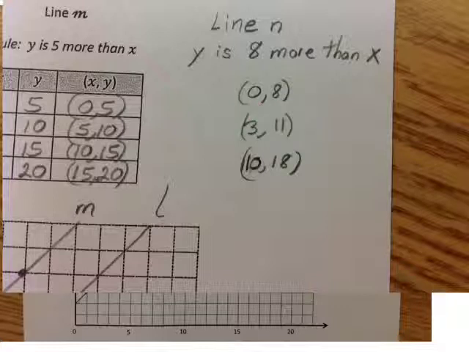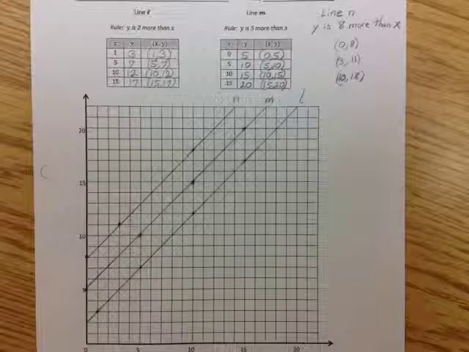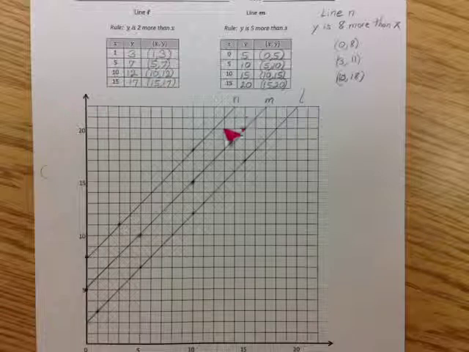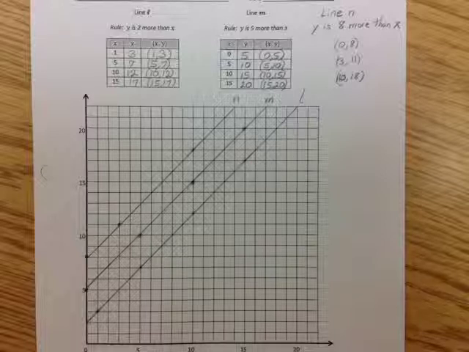We had a difference of 2, we had a difference of 5, and a difference of 8 is going to put it farther up starting on the y-axis. So here we've plotted our points for line N, and just as I predicted, it is parallel to M and L. The rule told us that we're adding 8, so it is farther up on that y-axis.